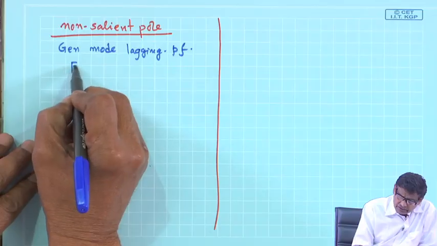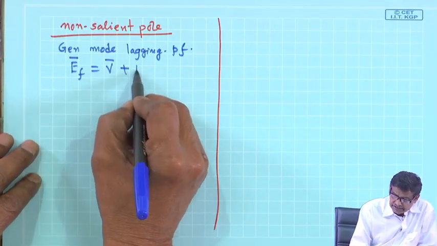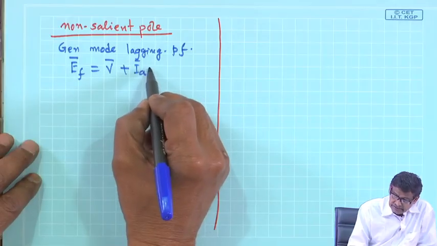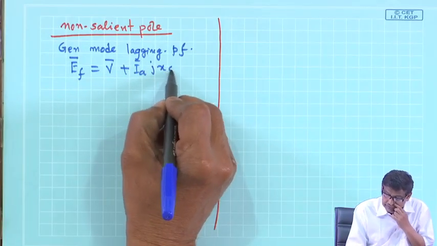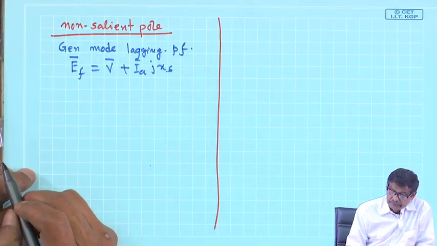The equation I will be using in generator mode is EF equal to V plus J IA XS, and we know how to draw it.